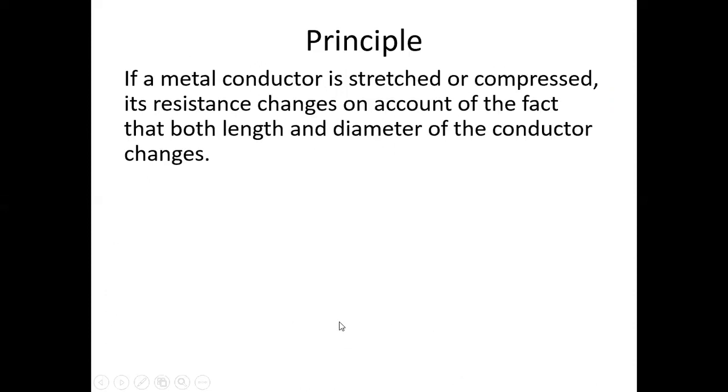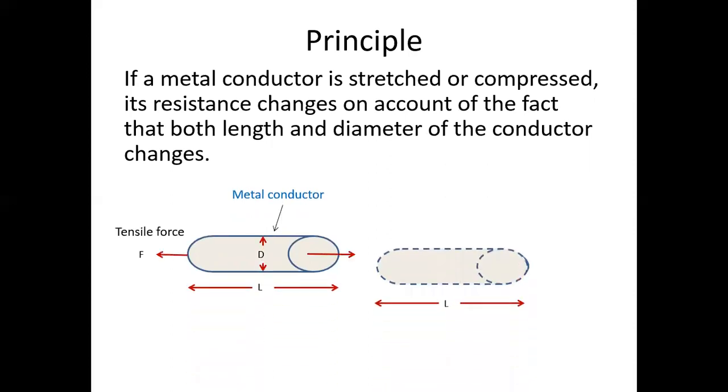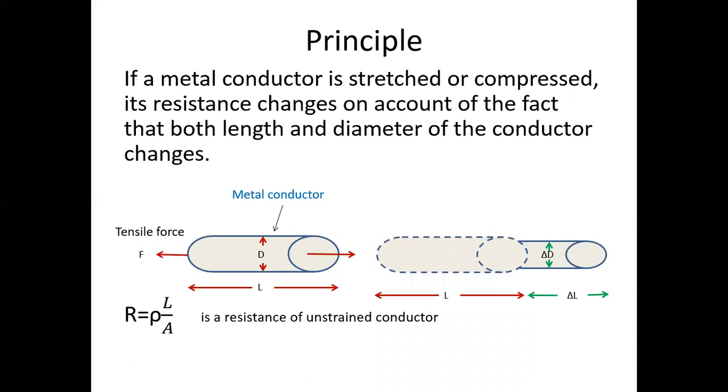The working principle of strain gauge is, if a metal conductor is stretched or compressed, its resistance changes on account of the fact that both the length and diameter of the conductor change.